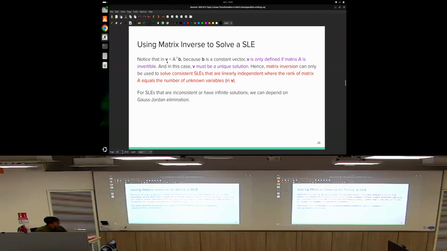Therefore, matrix inversion can only work with consistent SLEs that are linearly independent, so the rank of matrix A equals the number of unknown variables in your unknown vector v. If it's no solution or infinite solutions, like a line of solutions, you cannot use this method, because you will realize that the determinant of matrix A will be 0. So there's a constraint here. It's efficient, but it only works in certain conditions.